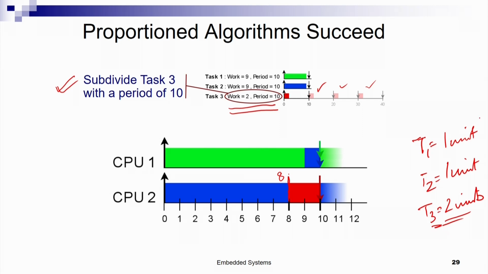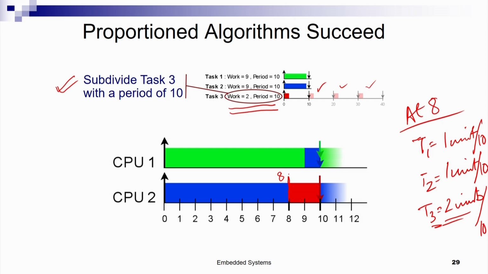T1 has 1 unit of work remaining to be completed before 10, T2 also has 1 unit, but T3 has 2 units of work remaining to be completed within 10.